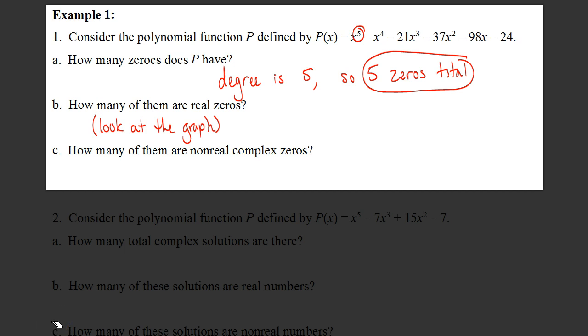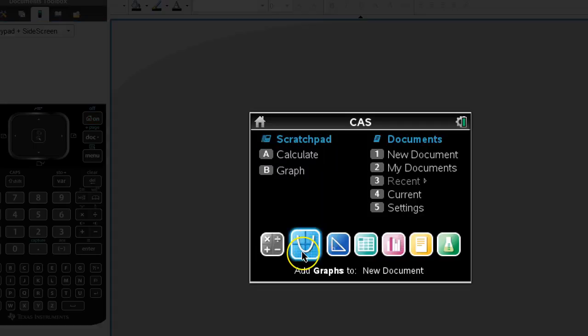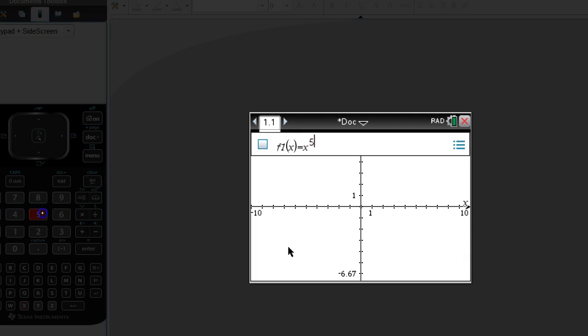So at this point, why don't you get out your graphing calculators, and we're going to go to a graphing screen. And from that graphing screen, we're just going to type in the equation. So the equation is x to the fifth. Now remember, when you type in an exponent, if you continue to type, everything else is still going to be an exponent. So I want to move my cursor down, so I'm going to hit the arrow to the right.